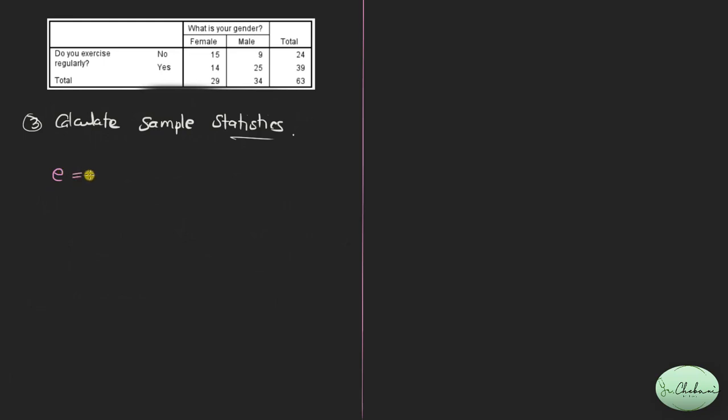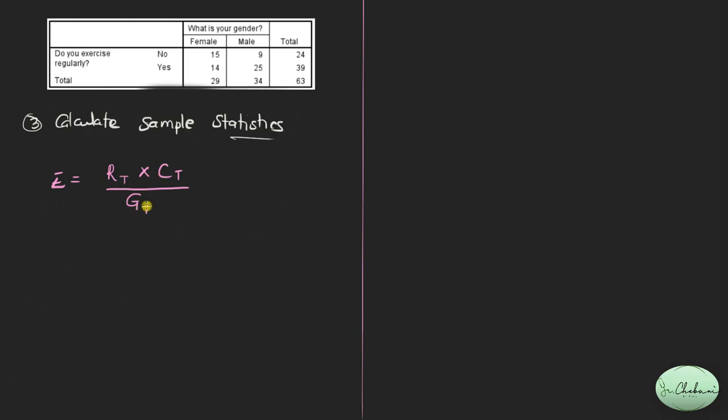The expected value is given by the row total, which I'll abbreviate as RT, times the column total, divided by the grand total.